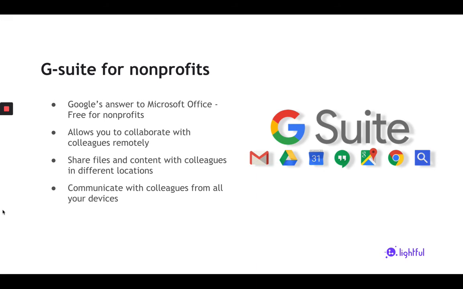So with Google Docs, you can actually access documents at the same time. You're able to edit and amend documents at the same time as colleagues. So it's really, really useful in terms of working remotely as well and collaborating with colleagues. You can also see version history of that document.